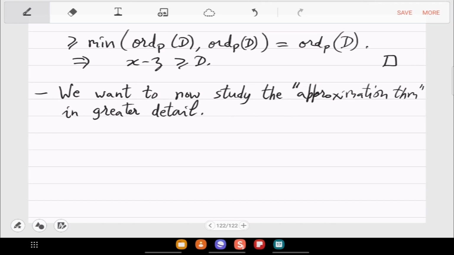So now what we will do is, given a divisor D, we want to study this approximation theorem, right? So remember the approximation theorem which we proved in the last class.